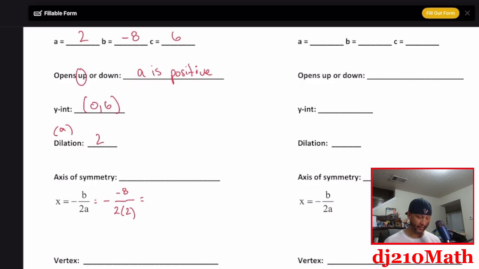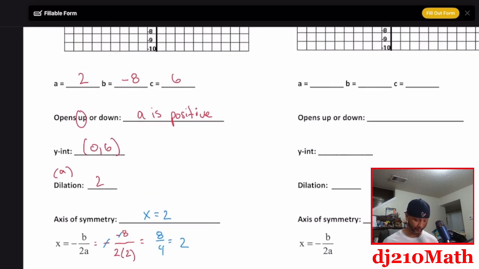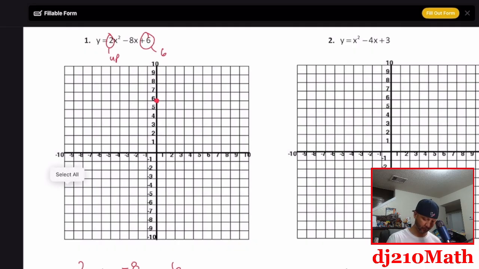The negative cancels, so we get 8 over 4, which is 2. So the axis of symmetry is x equals 2. There's the axis of symmetry.